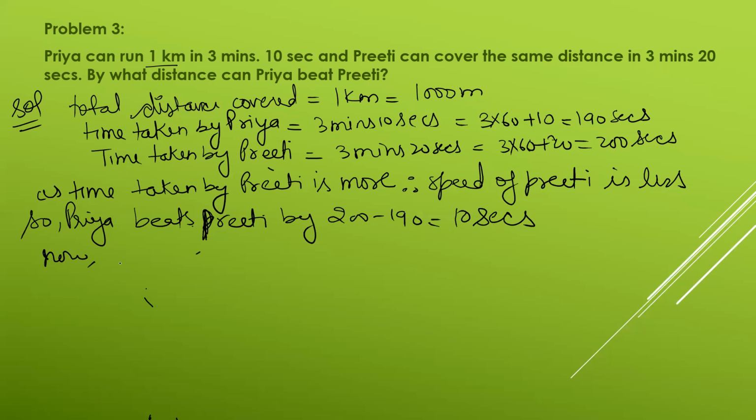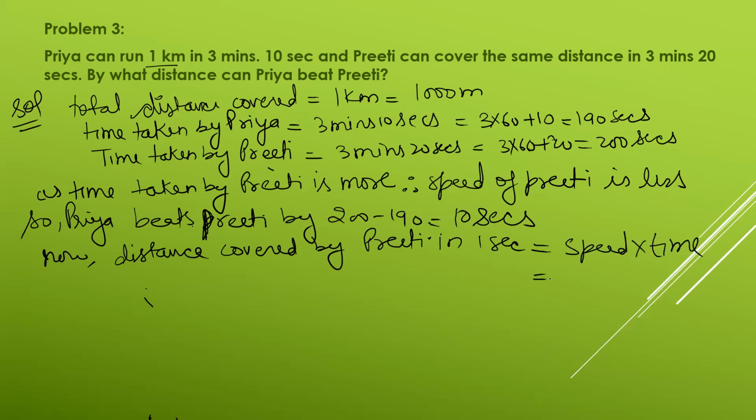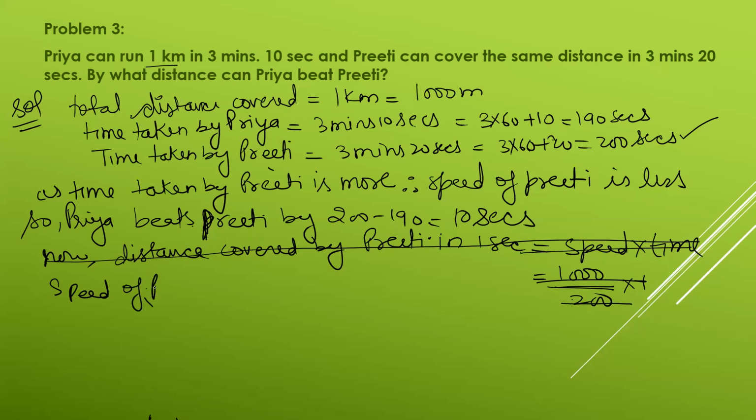Okay, so distance covered by Preeti in 1 second is equal to, distance is equal to speed into time, which is equal to, what is the speed? Speed is basically 1000 upon how much? 200, right, into time, 1 second. Let's do it another way, because I directly came here. Let's find speed first, because if we do this step, we are actually missing some steps. Let's find speed of Preeti.